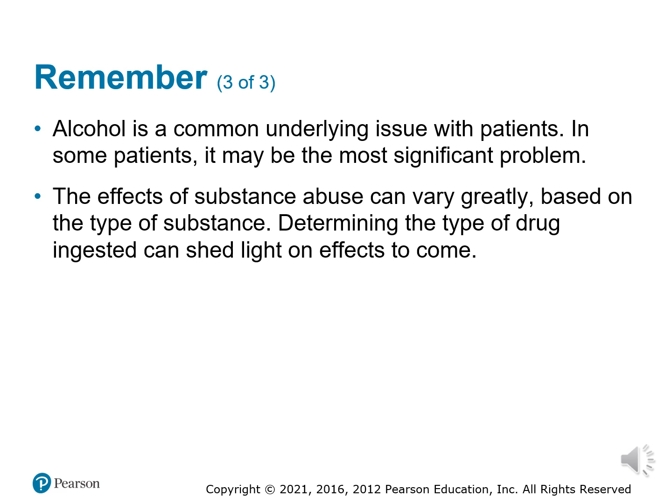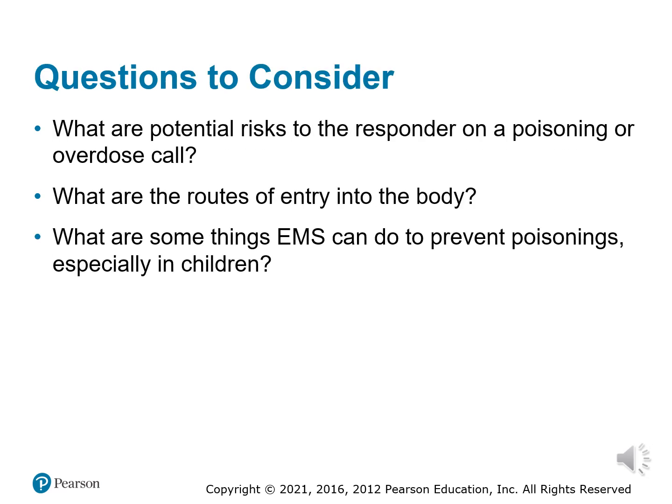The effects of substance abuse can vary greatly, based on the type of substance. Determining the type of drug ingested can shed light on the effects to come. Questions to consider: What are potential risks to the responder on a poisoning or overdose call? What are the routes of entry into the body? And what are some things that EMS can do to prevent poisonings, especially in children?